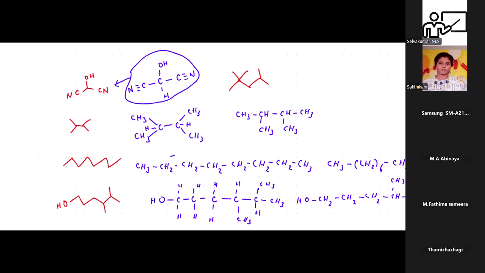Carbon with methyl groups in 3 directions: 1, 2, 3, and this is another carbon. This is attached to another carbon with 2 methyl groups, CH3, CH3. So here 2 hydrogens. So this compound is CH3, C, CH3, CH3, CH2, C, here 1 hydrogen, CH3, CH3. This is this carbon.